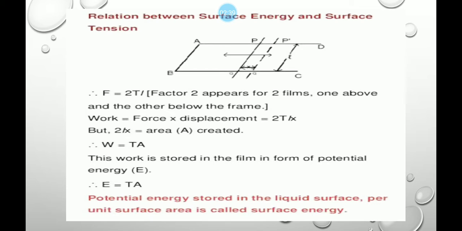The magnitude of the force due to surface tension is F equals 2TL. That is, the factor 2 appears for two films, one above and the other below the frame.